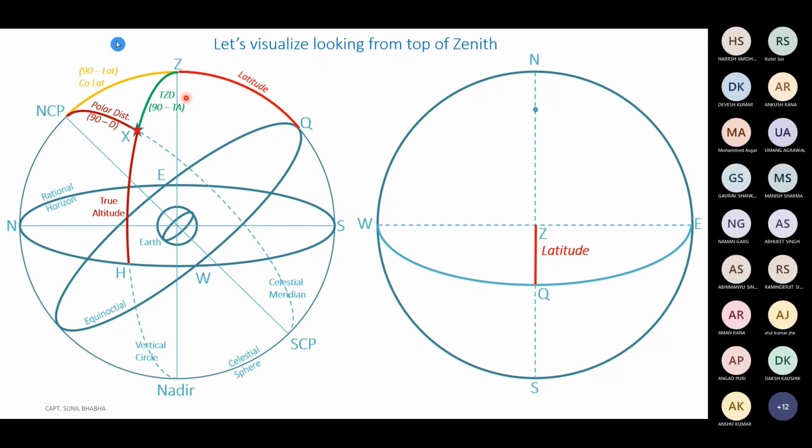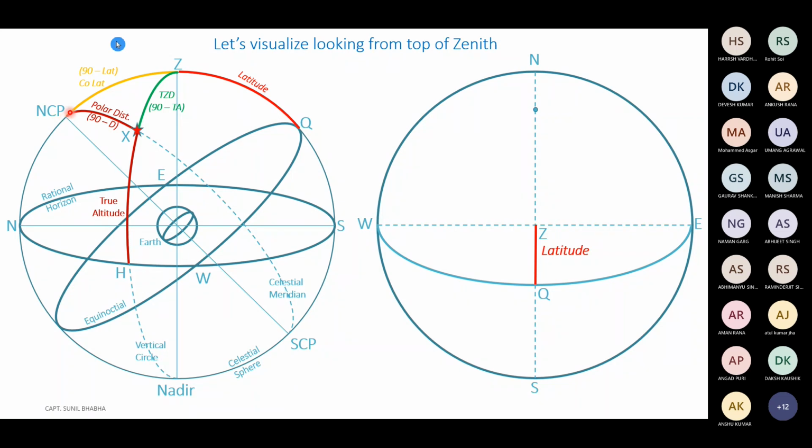Now let's proceed ahead. Let's come back to the Z point. From the Z point, if you go towards the north point, which is here, so from Z, if you move towards the north point, equal to a distance which is your colat or 90 minus latitude, you will reach at the north celestial pole.